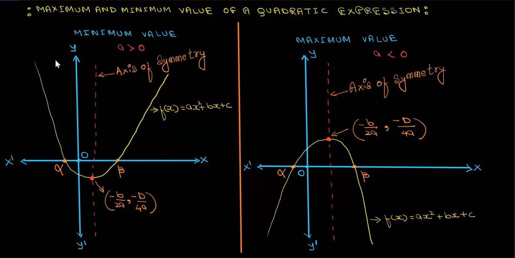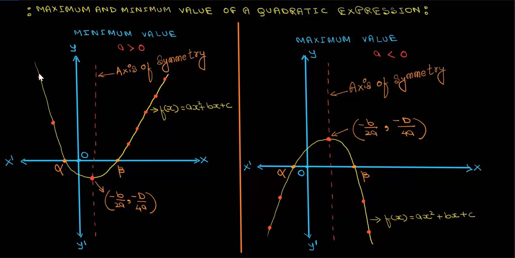Now if we see the geometry of this algebra, this is the parabola y equal to ax square plus bx plus c, or function of x. This is the axis of symmetry, the dotted line, and these are the two roots, alpha and beta, which are different points on the parabola.